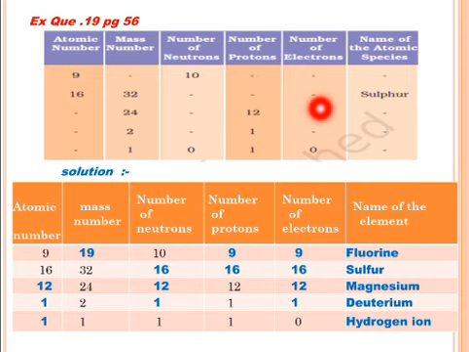As the atomic number is 16, number of protons is also 16, number of electrons is also 16, and by adding the number of neutrons and protons, we get the mass number 32, or you can subtract the number of protons from mass number 32 to get the number of neutrons. Right? So the name of the element is sulfur because its atomic number is 16.